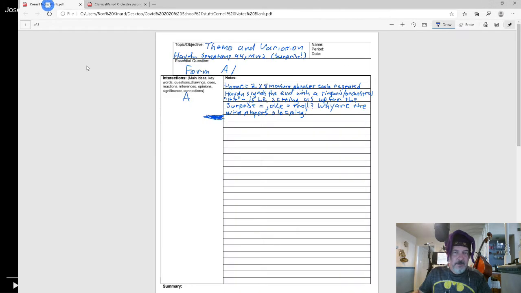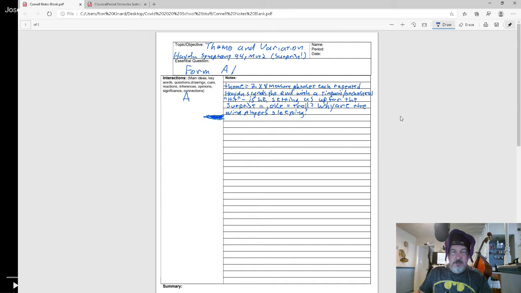Now, if you want, pause the video and either get a piece of paper and create your own Cornell notes or print the Cornell note page out from the link in Canvas, go ahead and do so.